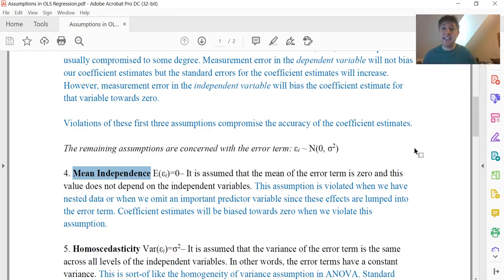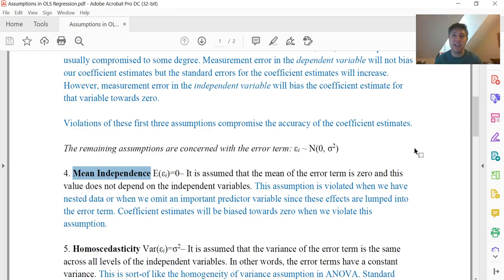Students within the same groups share many similarities. They typically come from the same communities. They have the same set of teachers. They share the same sets of resources. And so this can have the effect of biasing our coefficient estimates.